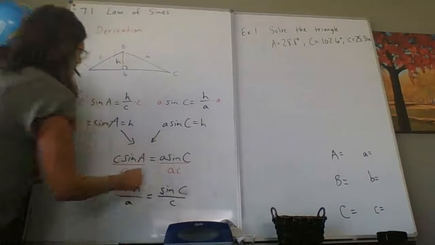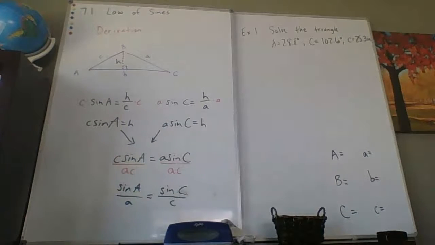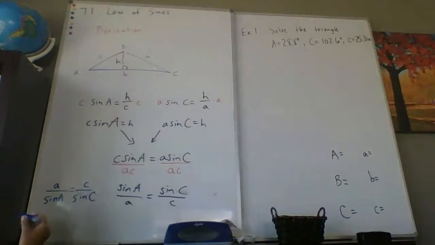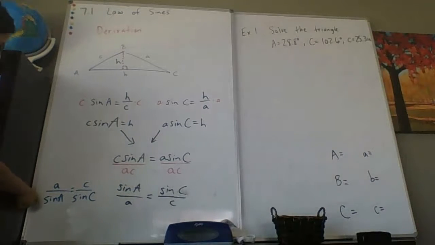And notice that A, B, and C are all interchangeable. The law of sines applies to any pair of angles and sides, as long as those angles and sides are opposite each other. If we wanted, we could also write this as a over sine A equals c over sine C.